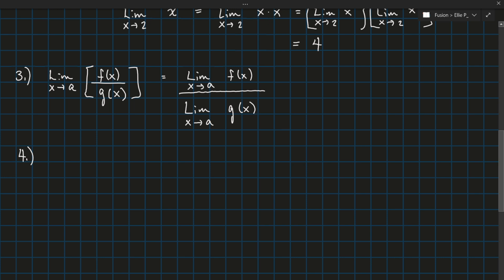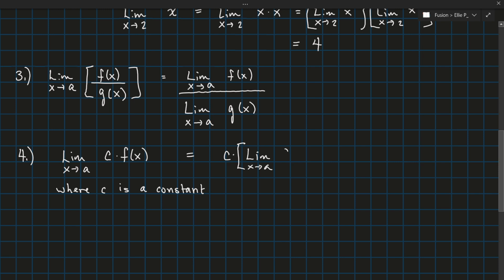Okay. There's another one. So the limit as x goes to a of c times f of x, where c is a constant, is equal to c times the limit as x goes to a of f of x.